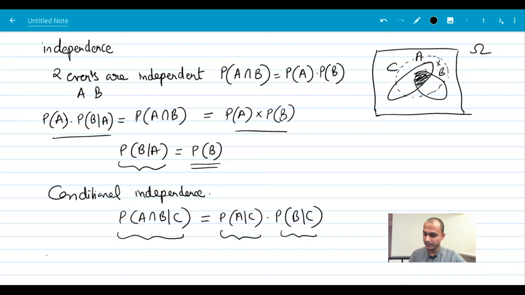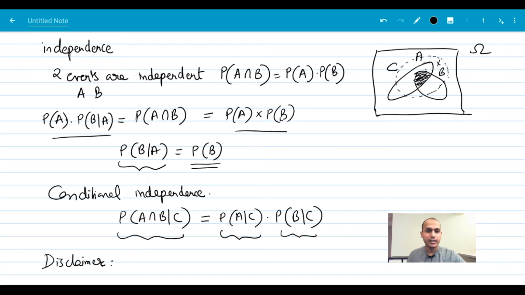So here's a disclaimer, and we'll not go into this in detail, but it's definitely interesting to check out once you are comfortable with the notion of independence, conditional independence, and conditional probability.